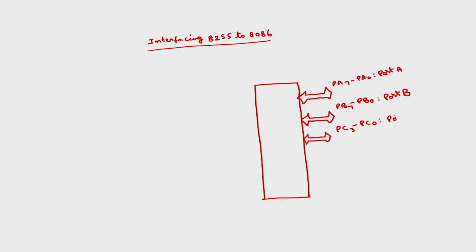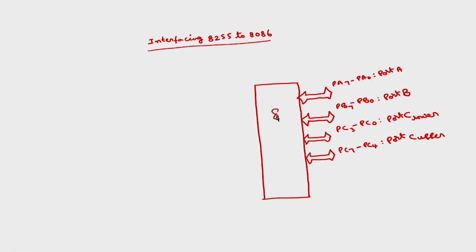This is called port C lower. And then we have PC7 to PC4, port C upper.